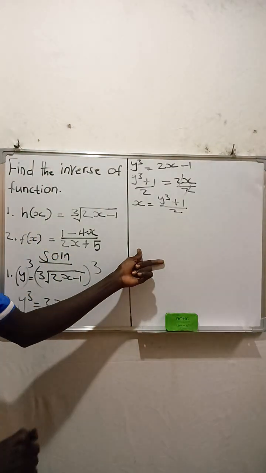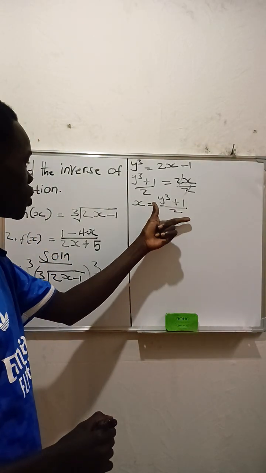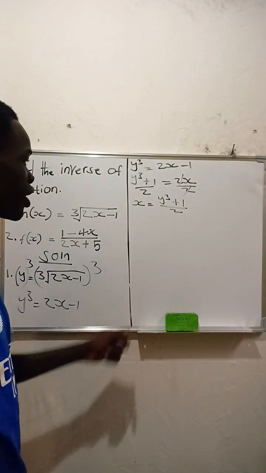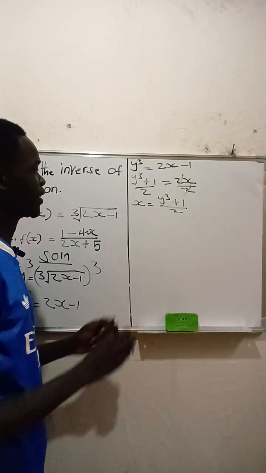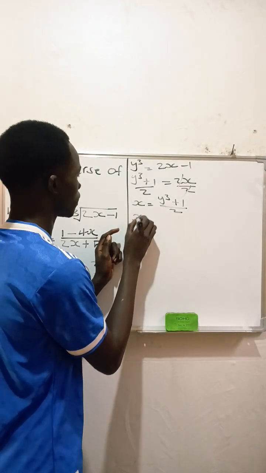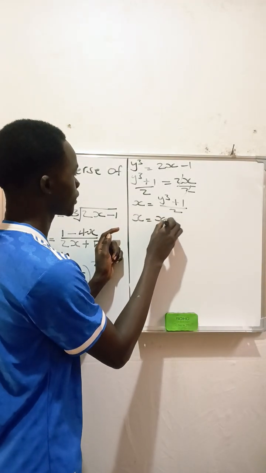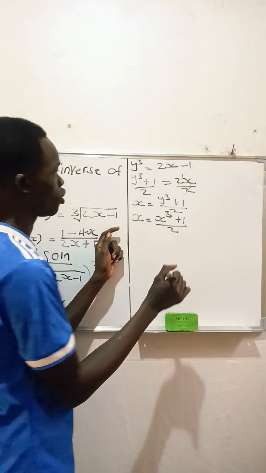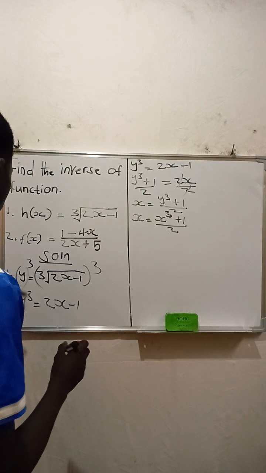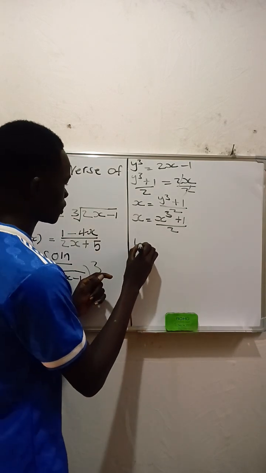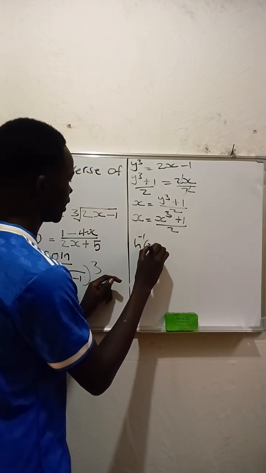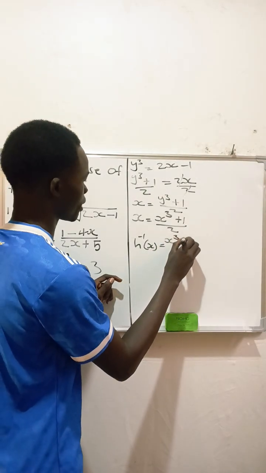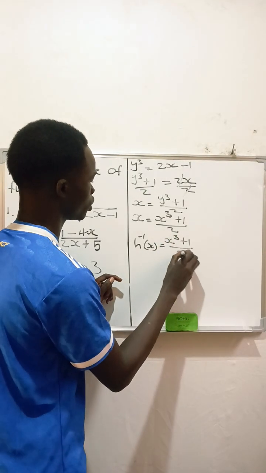Now in this equation, where there is y, we are going to substitute x. So we have x equal to x cubed plus 1, all over 2. Now h inverse is equal to x cubed plus 1, all over 2.